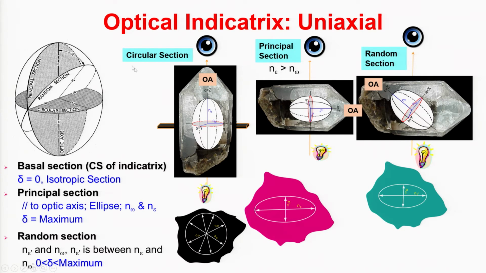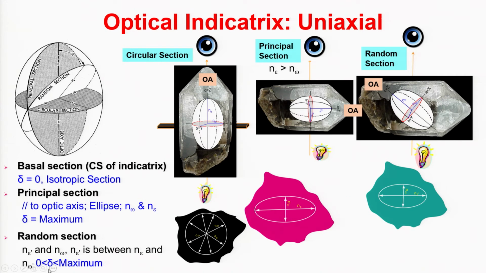So, it will be completely dark under cross polarized light, and it will behave as an isotropic mineral. And if you have a random section here, in that random section it will still be an ellipse, but the important thing is that the semi major axis will be a value intermediate between the true epsilon value and the omega value. We call it epsilon dash, and the birefringence here, that is epsilon dash minus omega, will be a value lower than the true birefringence value.